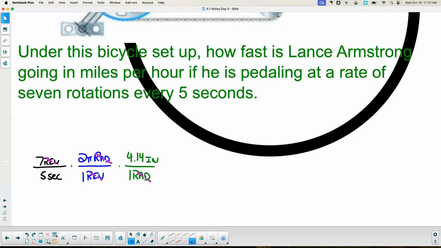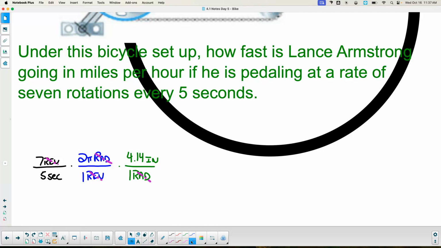All right, so with this setup right here, now I am on this sprocket. I need to get out to here. What is the same on this sprocket as this outer edge of the tire? Angular speed is the same. The diameter of this sprocket is this much.